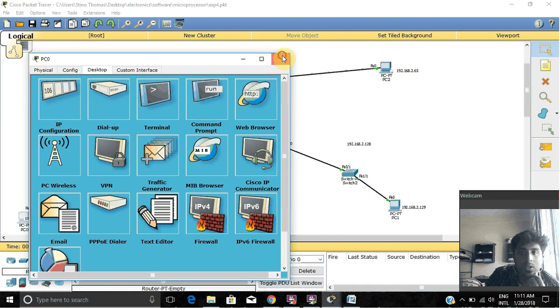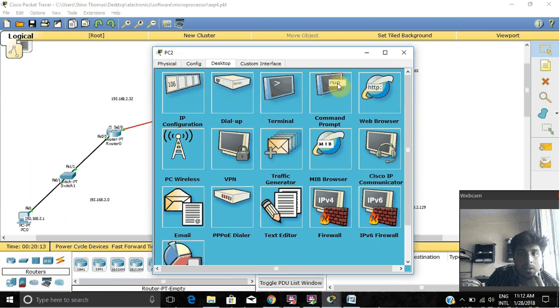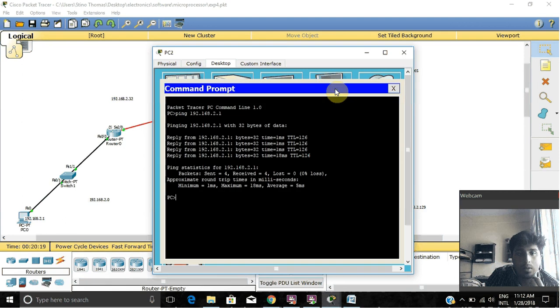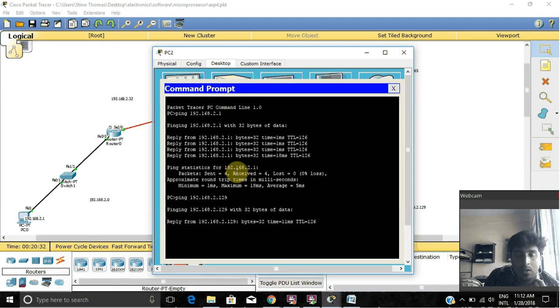Now let's do this for other networks as well, the other end systems connected to other networks. Okay, command prompt. See, I have done one for you. Ping 192.168.2.1. Everything was proper. And now let's do it for 129 as well. It is working.